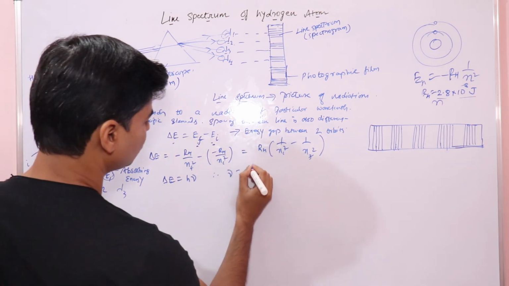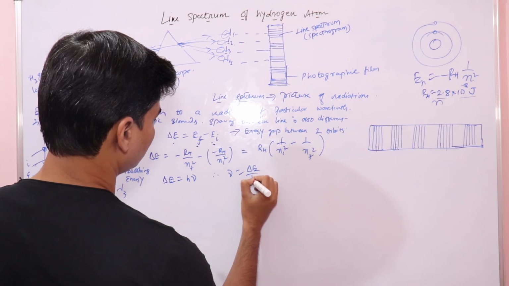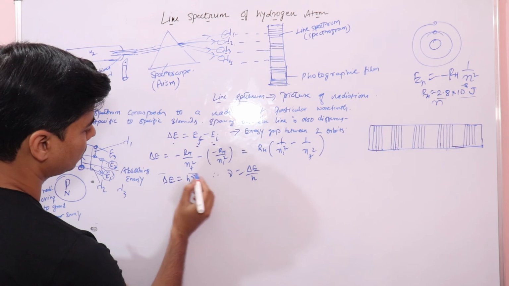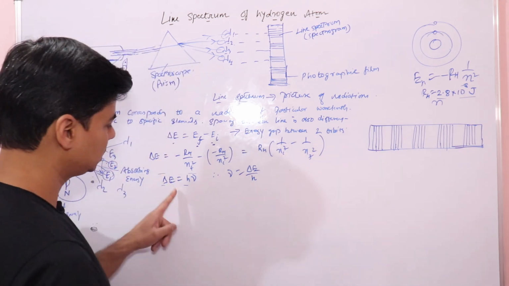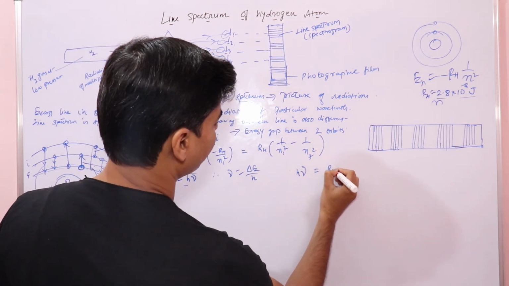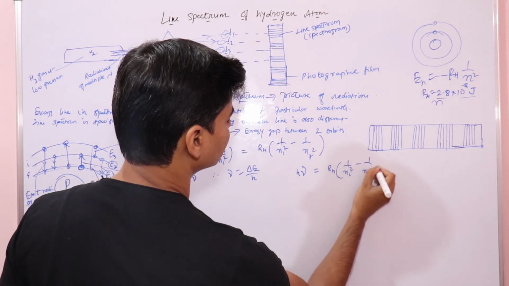Therefore nu is equal to delta E upon h, right? So we can put this value of delta E over here. Delta E is equal to h nu is equal to R_H times 1 upon n_i square minus 1 upon n_f square.